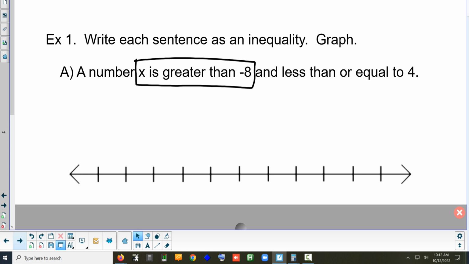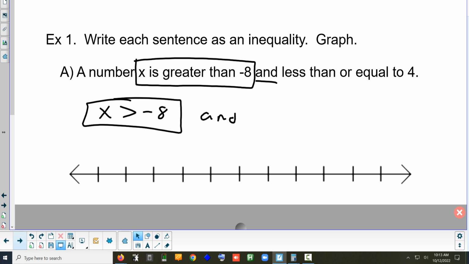Basically, what symbols would I use and which way would they point? Yeah, Abby, what's the first thing I would write down? X. Yep, X. And then what symbol? Right. The symbol for the greater than points to the right. So X is greater than what number? Negative 8. There you go, that's your first one.